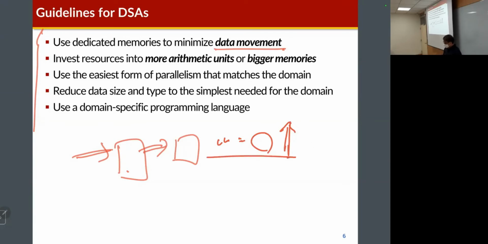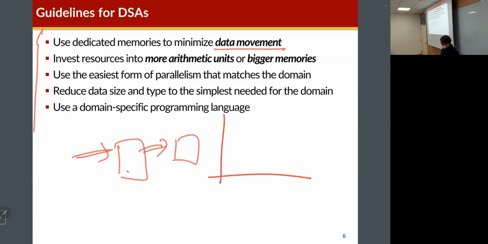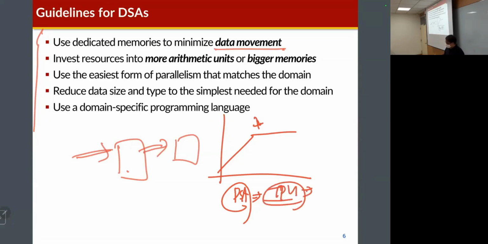We learned about the roofline model of the CPU or general purpose processor, but we can also apply this roofline model to domain-specific architecture. For example, we can focus on the TPU. The TPU is designed for executing matrix multiplication.